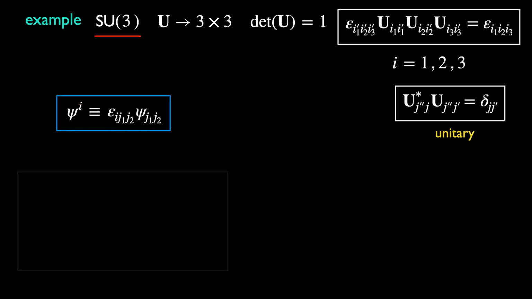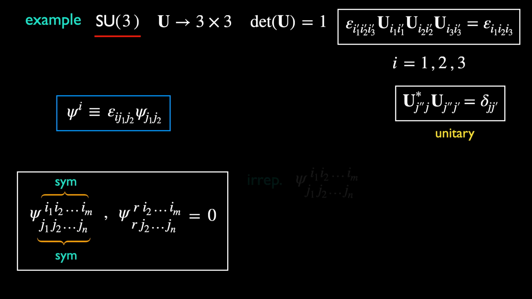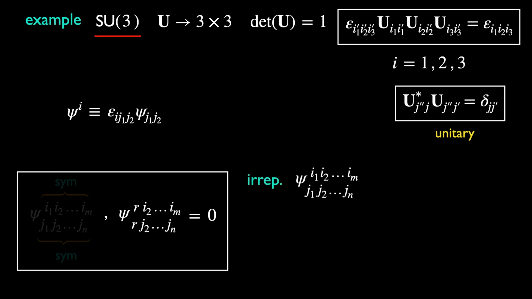But here's the problem. The original 2-index tensor must be symmetric in order for it to be an irreducible representation, while the epsilon symbol is totally anti-symmetric in its indices, so this contraction must be 0. Thus an upper index tensor cannot be constructed this way.